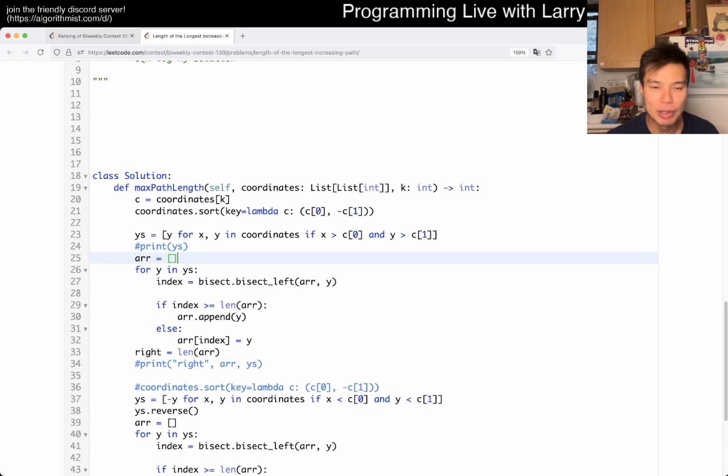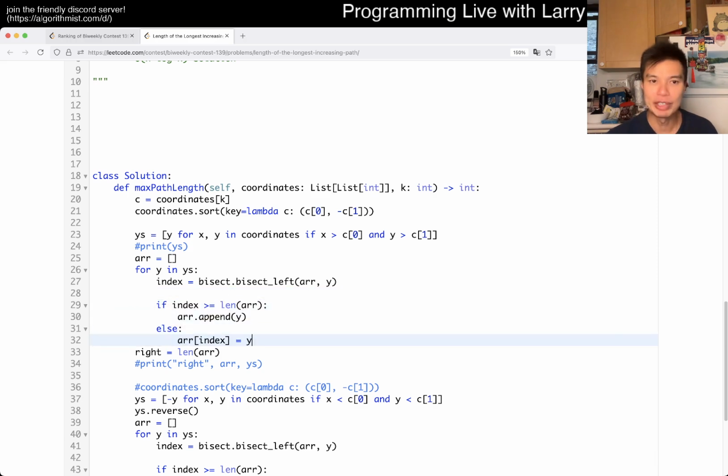And then here we do a binary search, keeping in mind that you have to do bisect left, not bisect right, because if it's equal, then you don't update the bigger one. You don't add on to that chain, so that's why. So that's basically the idea here.